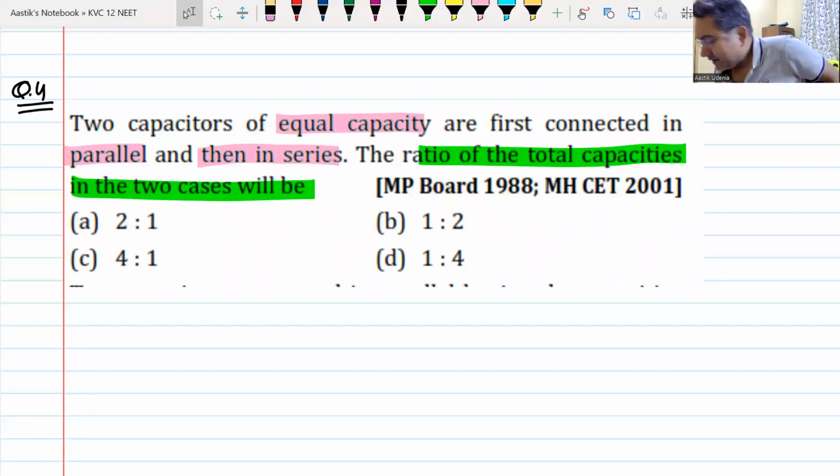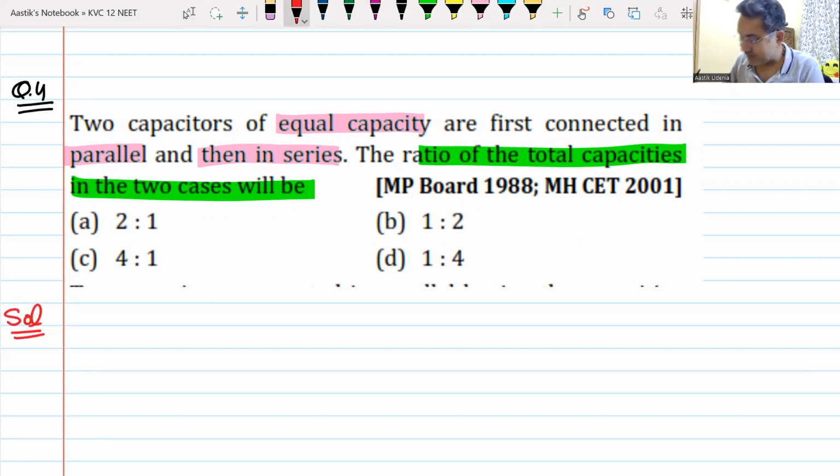What about the others? Are we getting any answer? I'm getting one answer, option D, which I think is correct. You also got option D. Let us check. So now I have two capacitors.